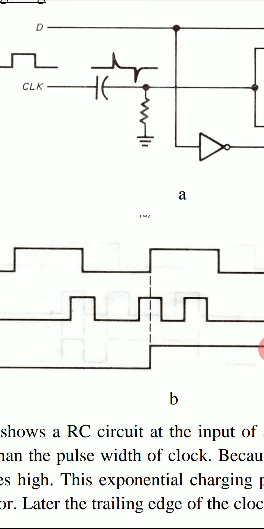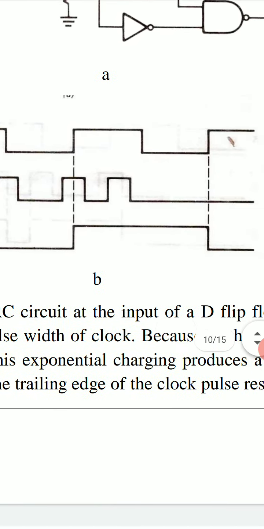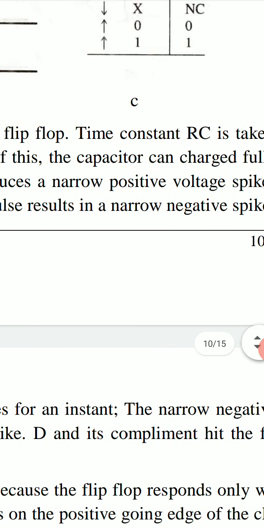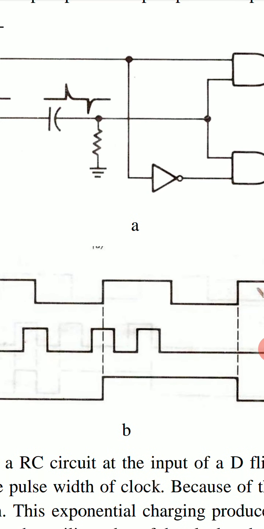Positive narrow spike on left side is when clock goes from 0 to 1 for its rising edge or positive edge, and on right side we have a narrow negative voltage spike for the voltage across the resistance of RC circuit.